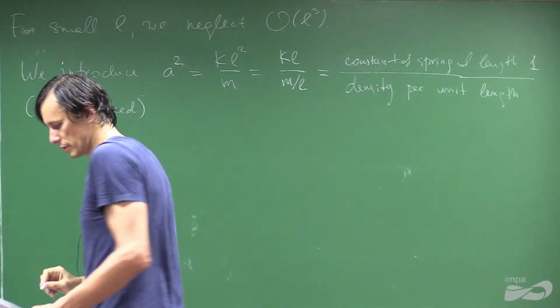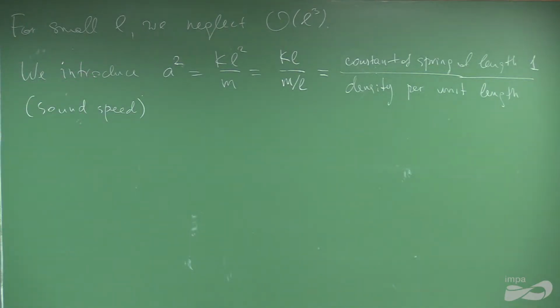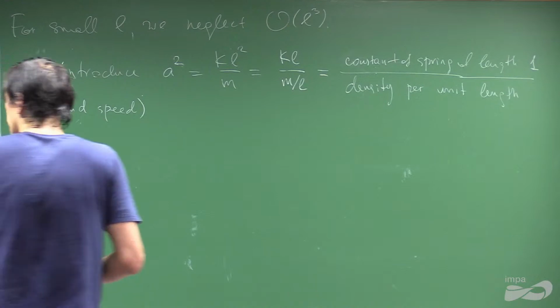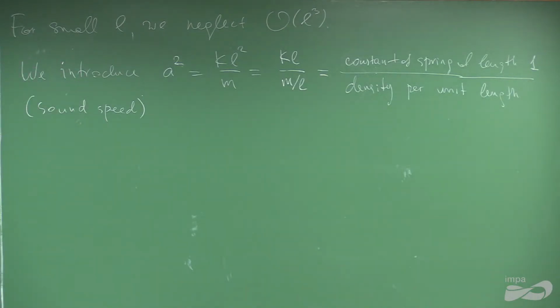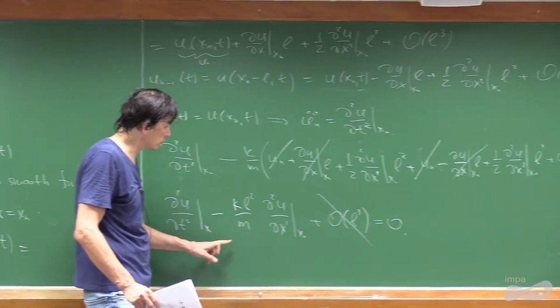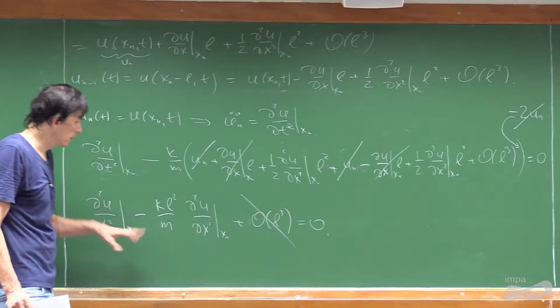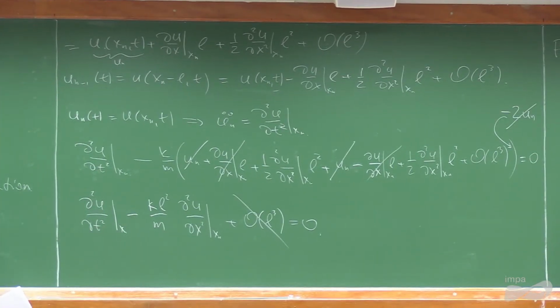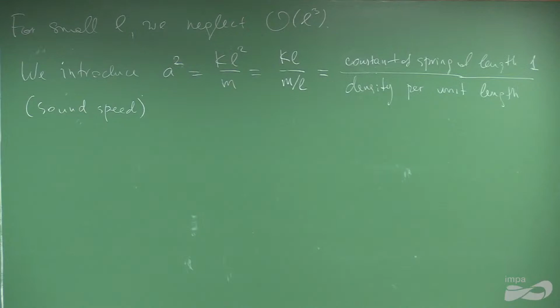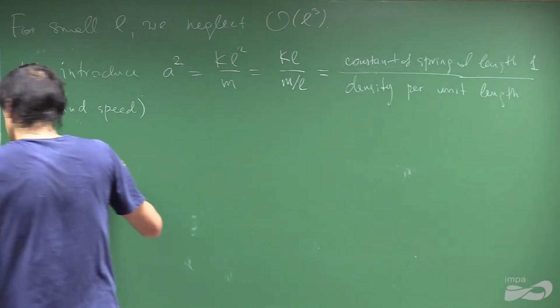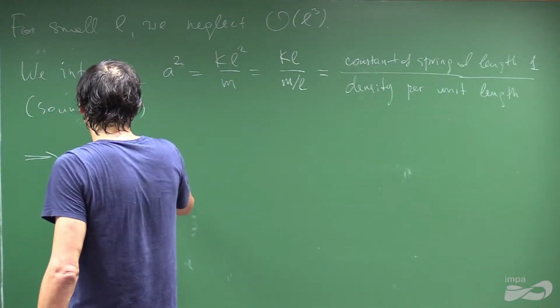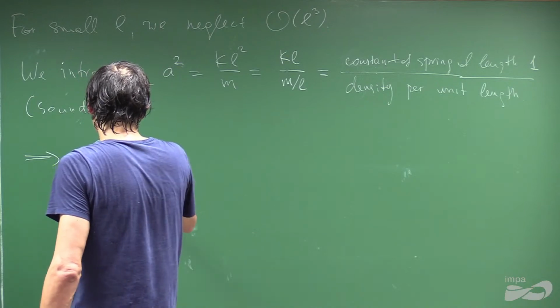In general, it's not necessarily related to sound, but let's just use this name. So then what we do, since the points are close by, we forget that this equation is only valid at points xn, and assume that it's valid everywhere. So then we finally obtain the equation for that function u, which approximates positions of all masses.